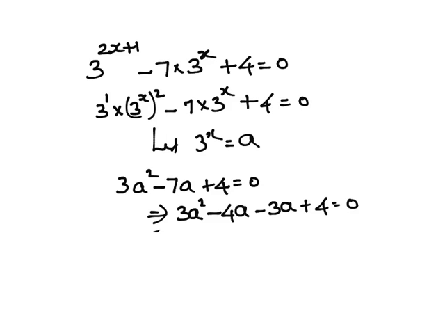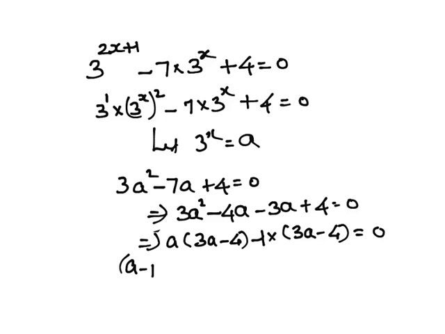I can take a common, a times 3a minus 4, and take minus 1 common, minus 1 times 3a minus 4 equal to 0, which means a minus 1 times 3a minus 4 equal to 0.